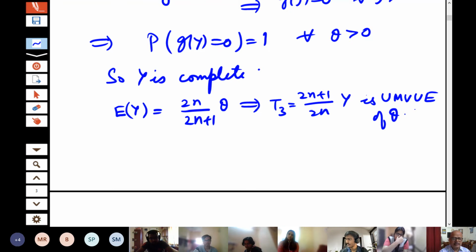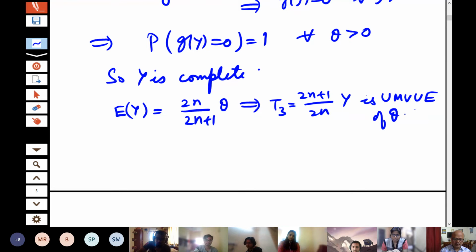So the next part I have asked, because once we have several estimators, we would like to compare them. What is the method of comparison? The method is to look at the mean squared errors.